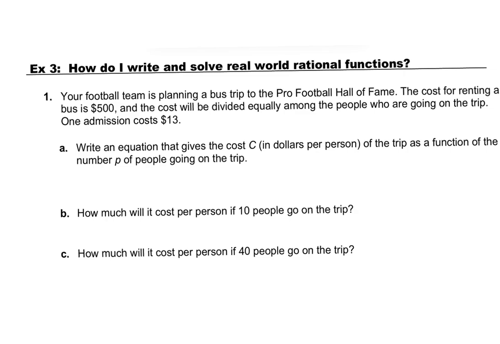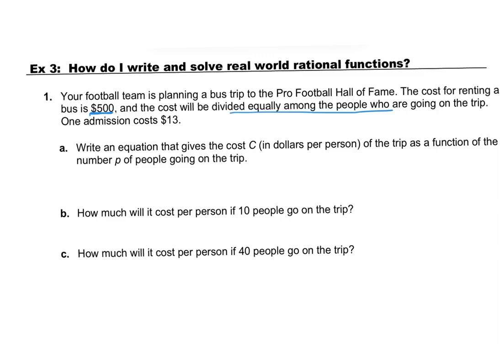All right, so example number 3, how do I write and solve real-world rational functions? It says your football team is planning a bus trip to the Pro Football Hall of Fame, and the cost of renting a bus is $500. The cost will be divided equally among the people who are going.